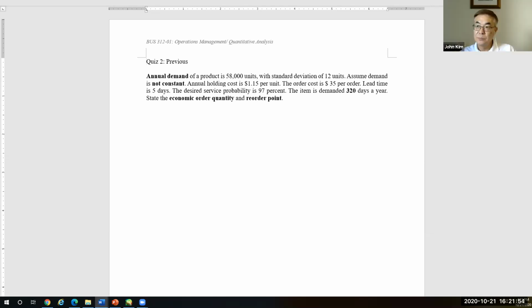Do we combine those to find the demand, or do we just keep that separate? And 58,000 is just the demand itself. It depends on what you need. If you need the annual demand, use this one. If you need a daily demand, then divide by whatever given number here like this. Okay, thank you.